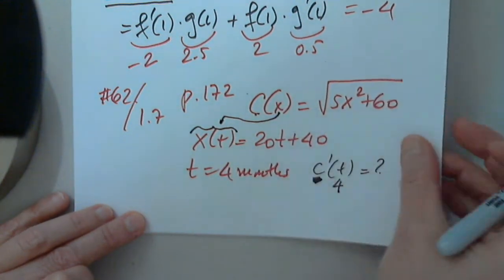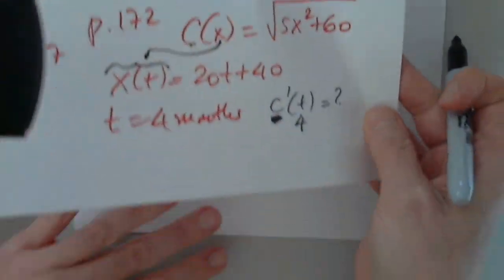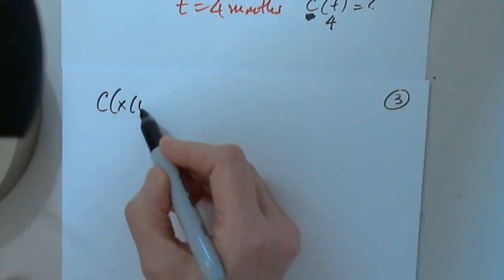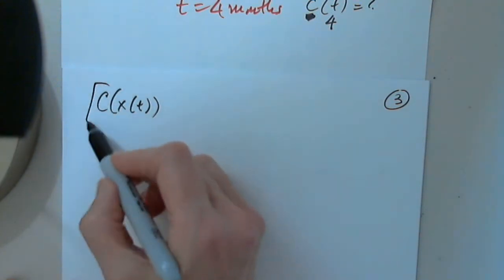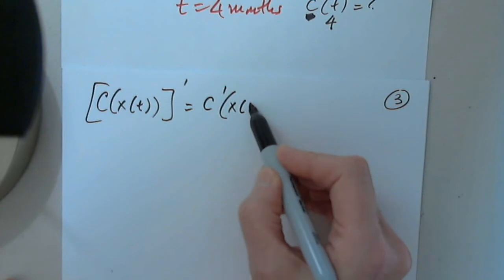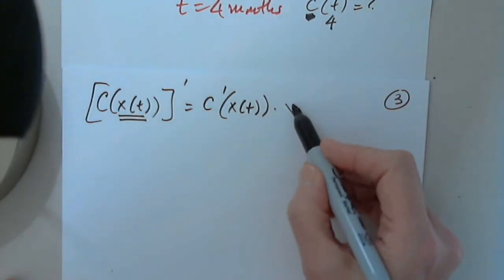So basically what we have is c of x of t. And if I want to differentiate this, I will have c prime of x of t, that's the chain rule, times the inner function prime.